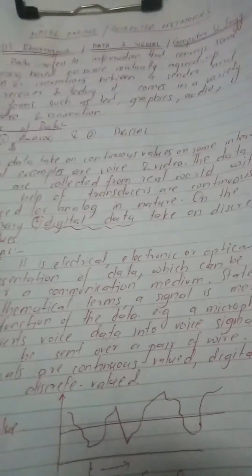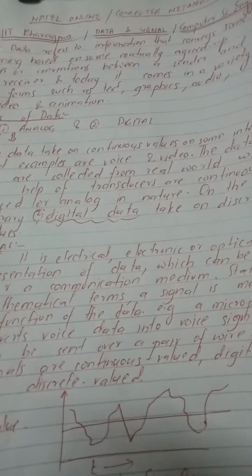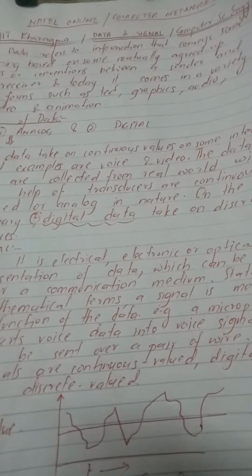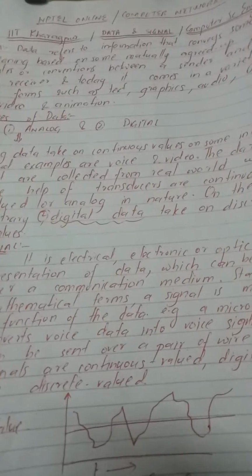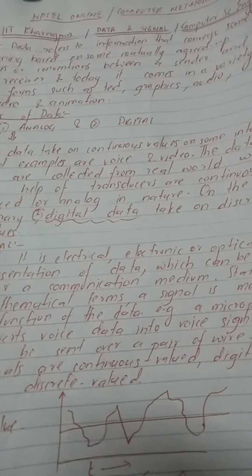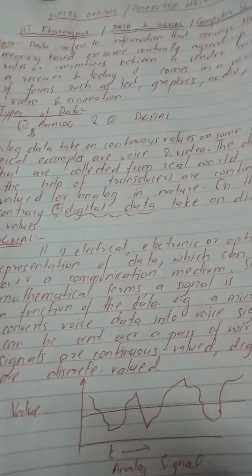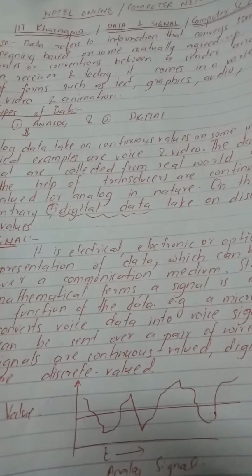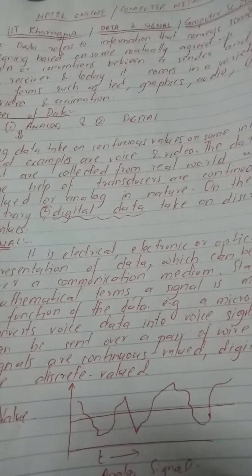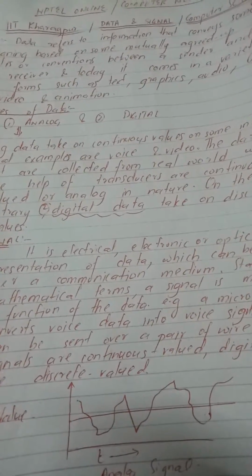This material is from NPTEL, the National Programme on Technology Enhanced Learning, and that is why it is available online. I have converted it into a paper text form, and I'm just converting it again into a video and audio form, without any graphics or animation.